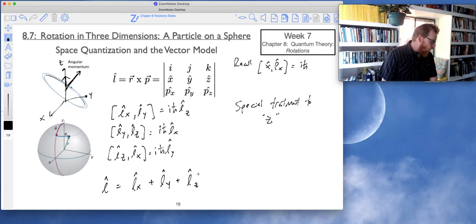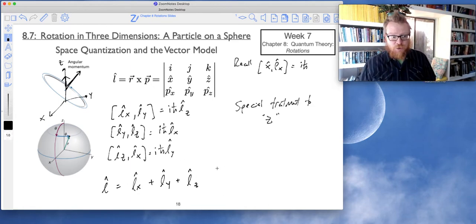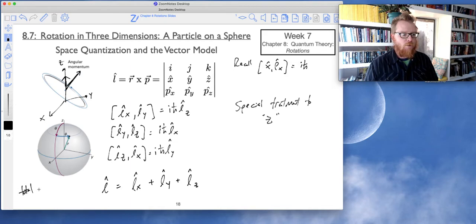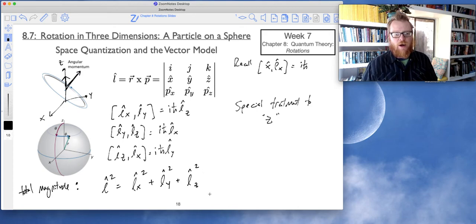So if I want to know the total magnitude of this vector, then in vector math, what I do is square this operator. So the total magnitude is given by the following: L squared, which is going to be Lx squared plus Ly squared plus Lz squared, and this is going to create a Pythagoras triangle, which is very cool, and we're going to see that coming up.